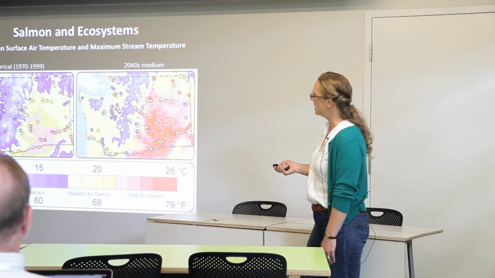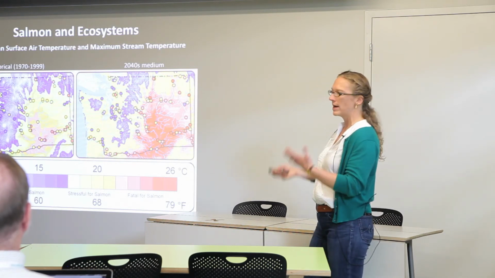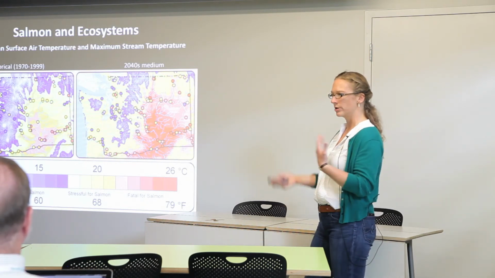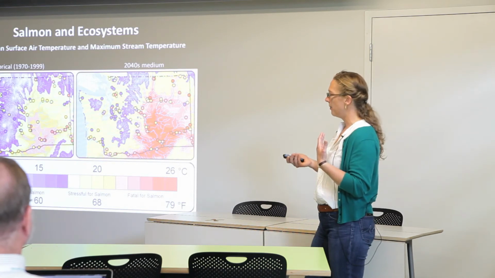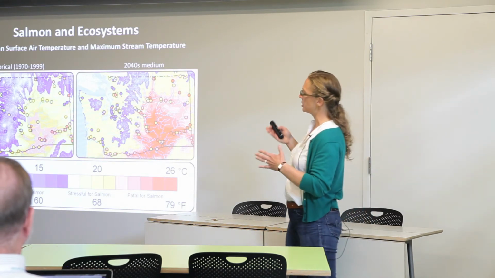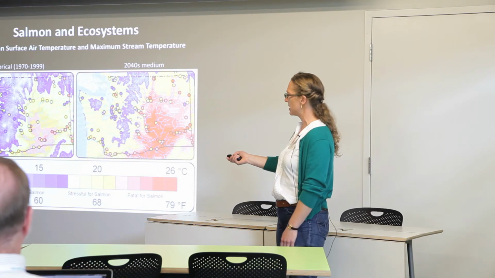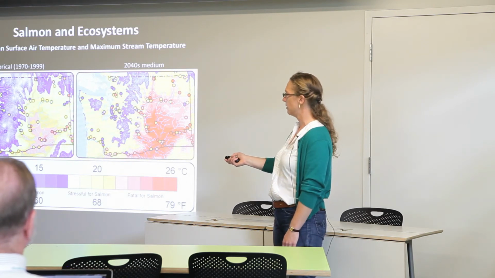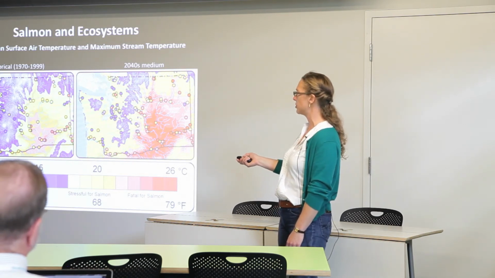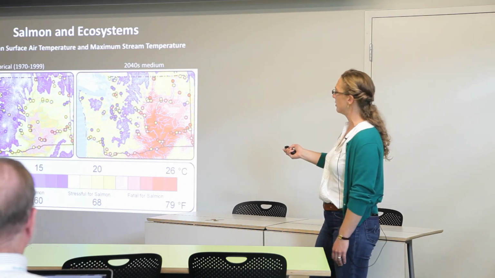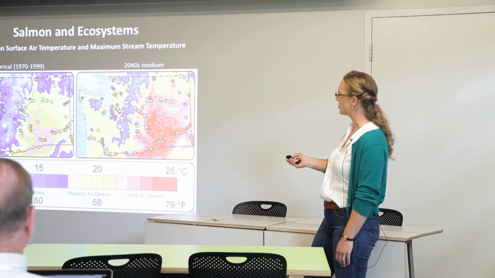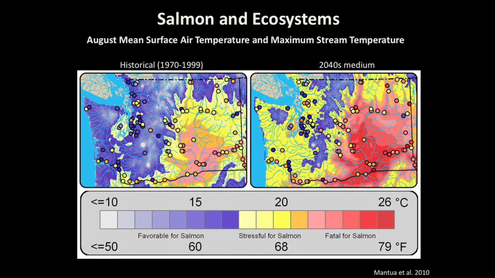So what we're seeing here is there is a direct relationship between air and water temperatures. It's not a perfect relationship, but you can create a statistical relationship, which is what we did for the observed temperatures, and then we used the projected future air temperatures to see how those stream temperatures might respond.